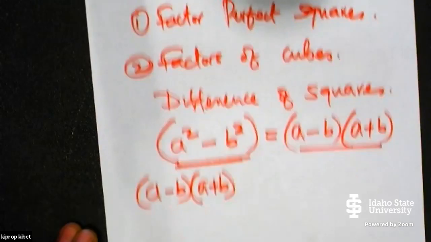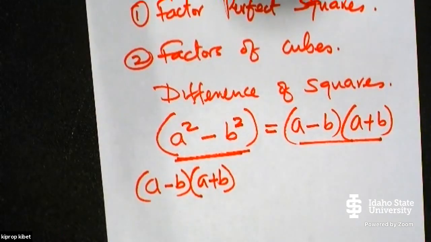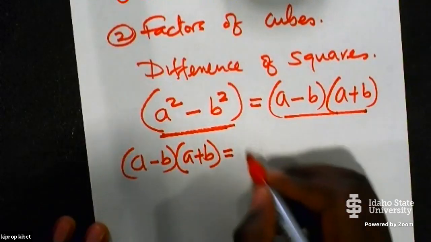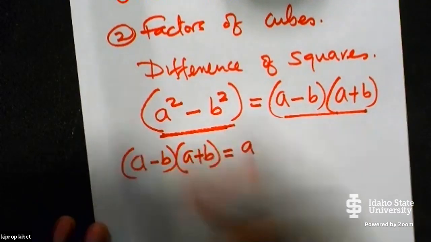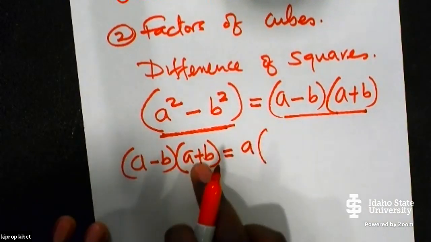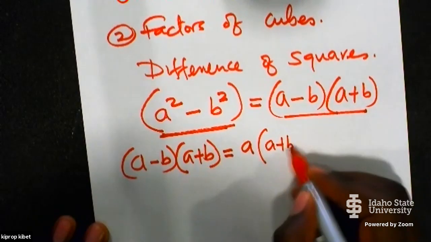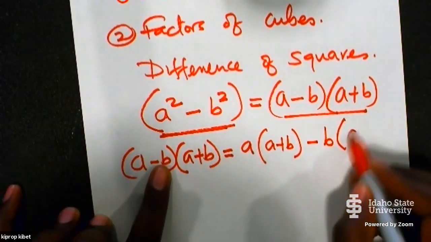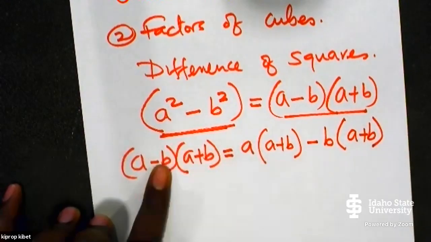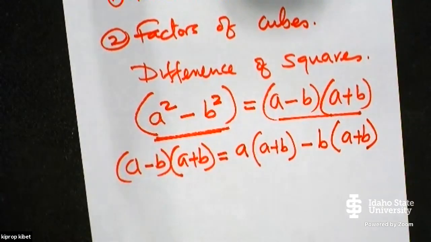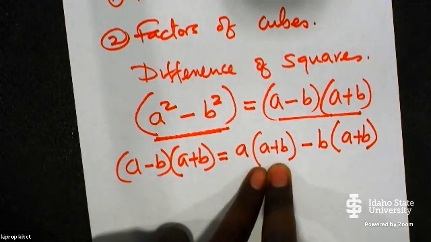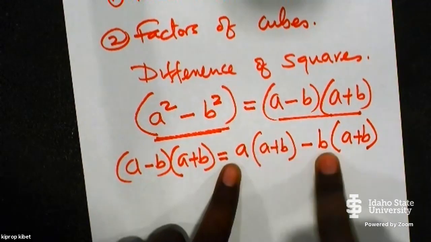You can take a, multiply it by a plus b, minus b times a plus b. This is what we did last time, factoring out the common factor a plus b, and then we take a and b there.